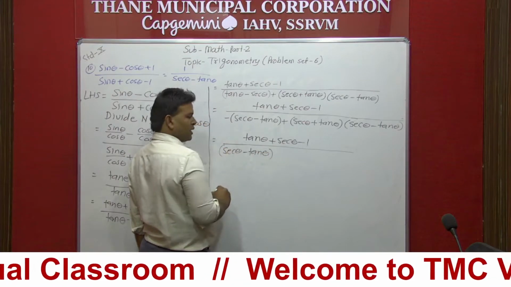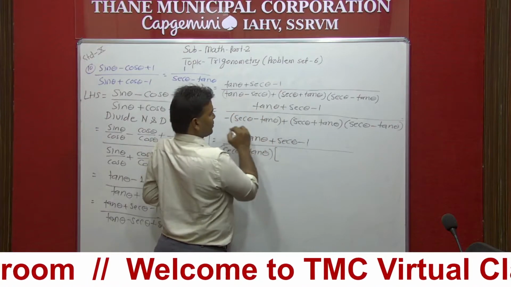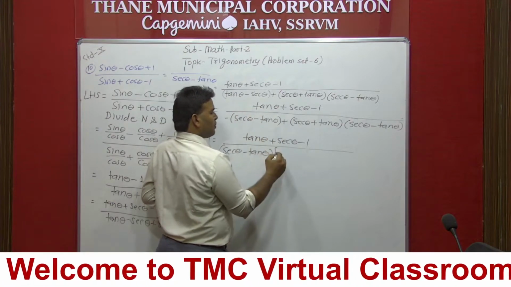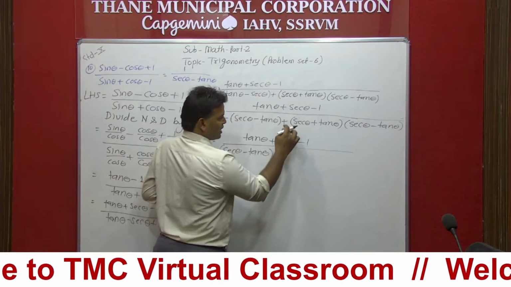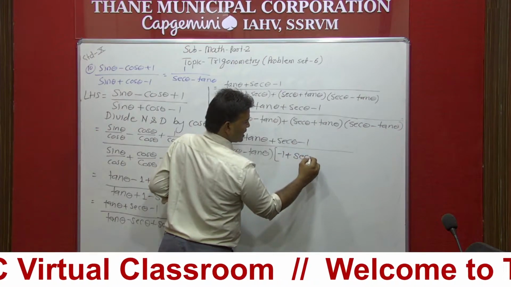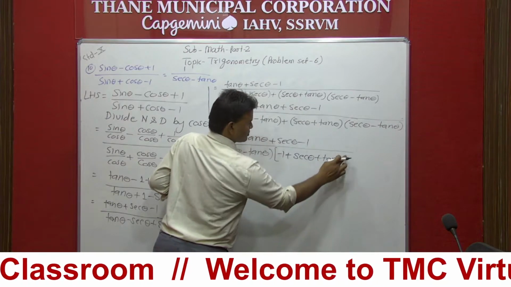So what will I be left with? I have taken this one common. It means here we are having 1. So 1 minus 1, this is going to be minus 1. I will be left here, plus this part I will be left with sec theta plus what? Tan theta.